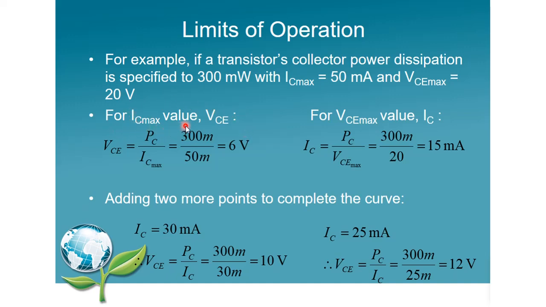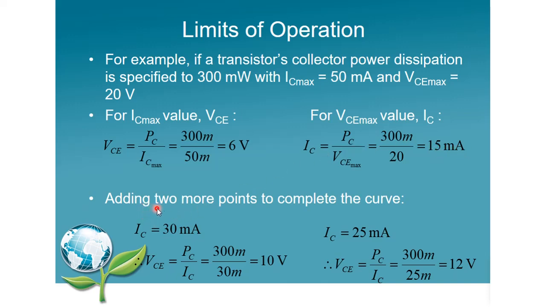For the IC max value, we get VCE as PC over IC maximum, and we calculate from the given values. So we get VCE is actually 6 volt. And for the VCE maximum value, we get the IC around 15 milliampere.